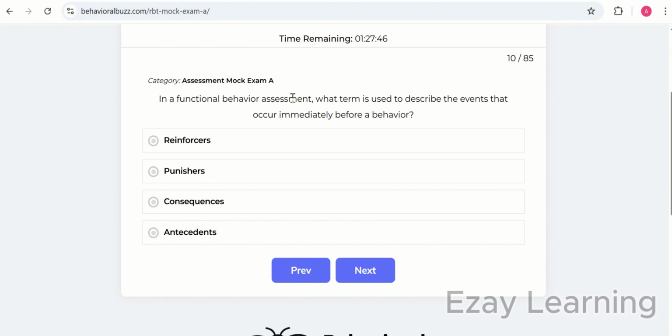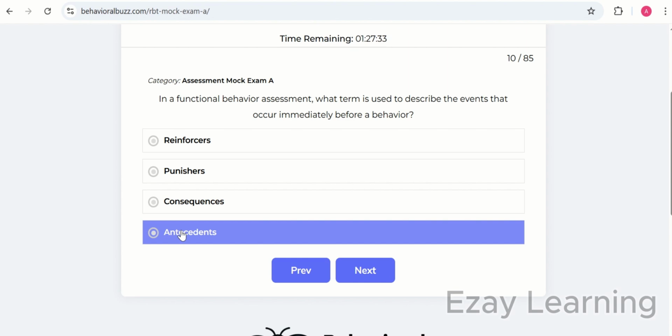In a functional behavior assessment, what term is used to describe the events that occur immediately before a behavior? For before, it is antecedent, for after, it is consequence.